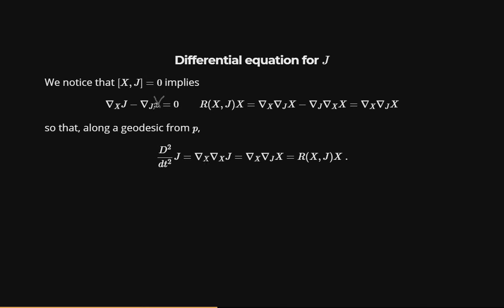So it's the covariant derivative with respect to the vector field tangent, to the velocity vector of the curve. So x is the velocity vector of the curve. But we saw that nabla xj is equal to nabla jx because of the first relation, and this expression is equal to the curvature.